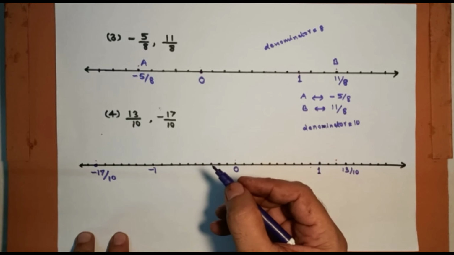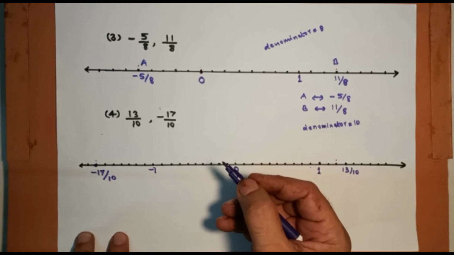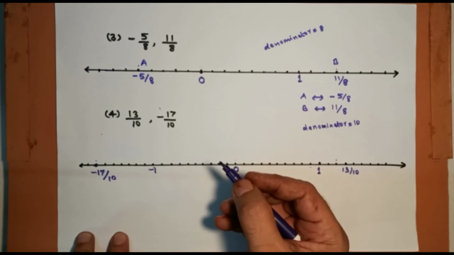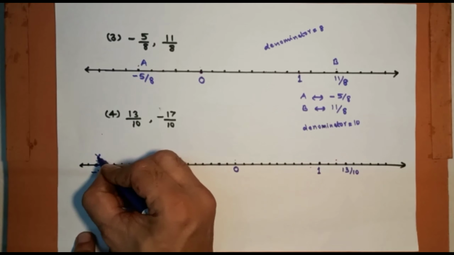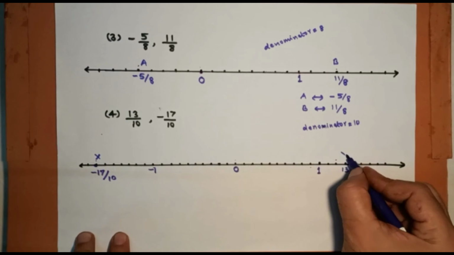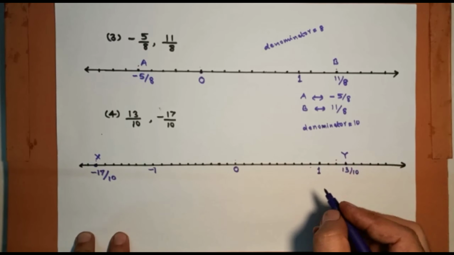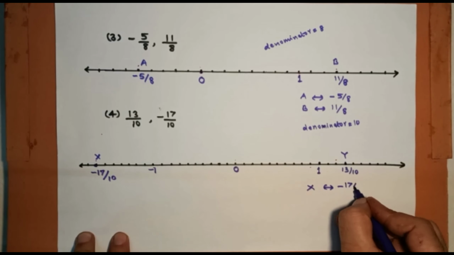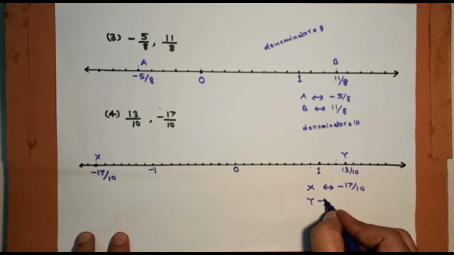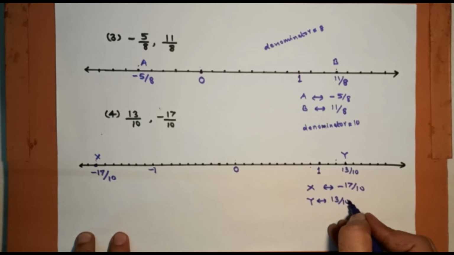You can represent it by any alphabet, whatever you want: A, B, C, D, P, Q, R, L, M, N, or X, Y, Z. I am putting X here and Y here. So X represents minus 17 upon 10, Y represents 13 upon 10.